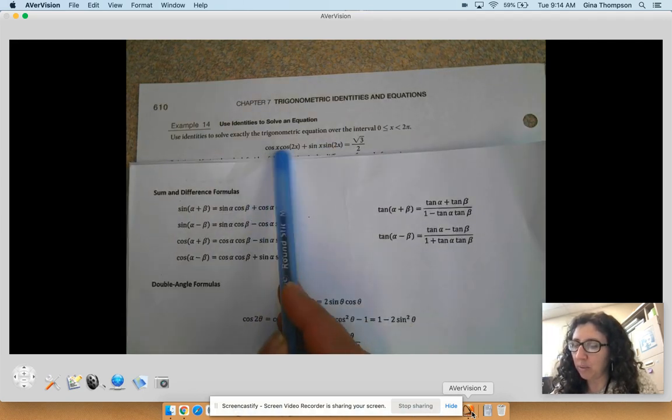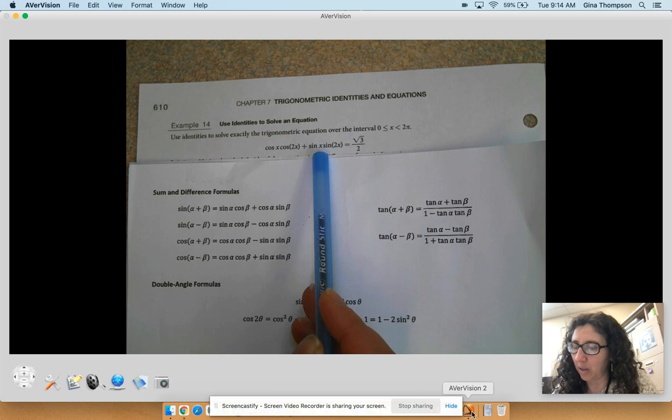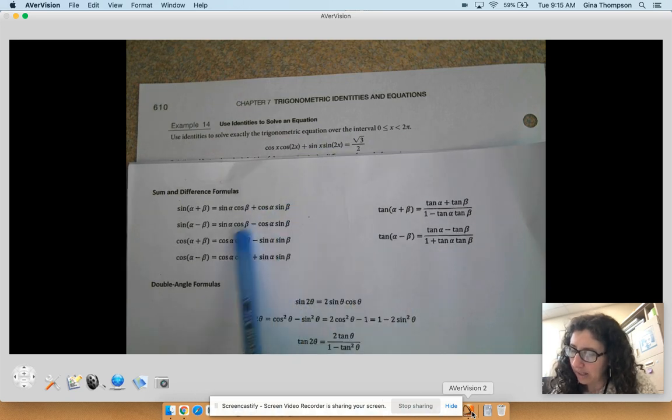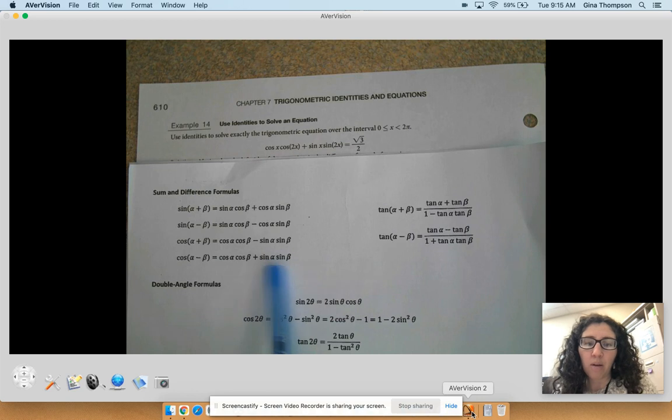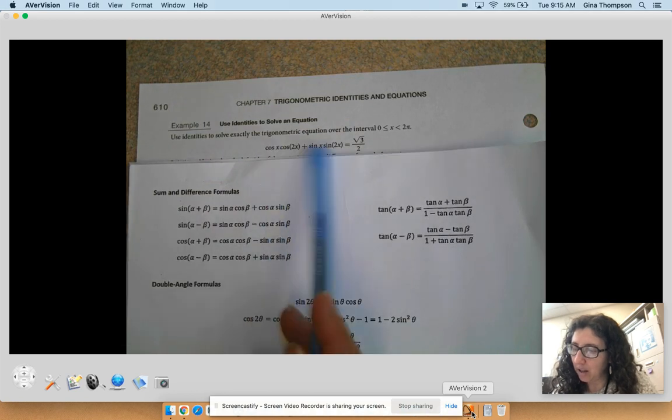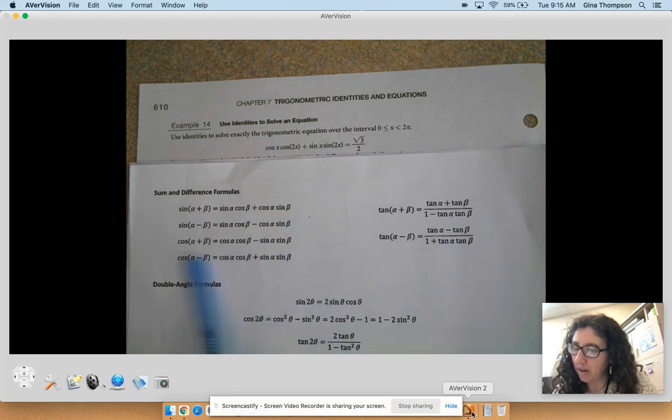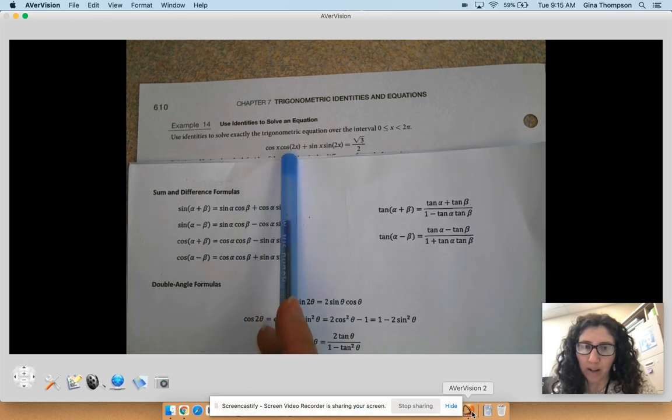I have cosines multiplied together and sines multiplied together. Let's look at our sum and difference formulas. Here's cosines multiplied together minus sines. Oh, here's cosines multiplied together plus sines multiplied together. So this actually looks like a difference formula if my alpha is x and my beta is 2x.